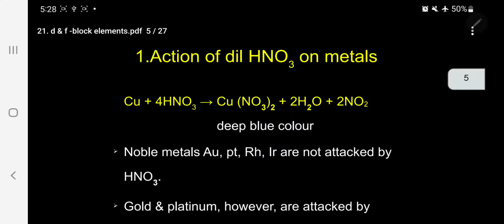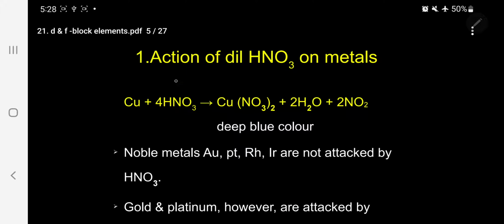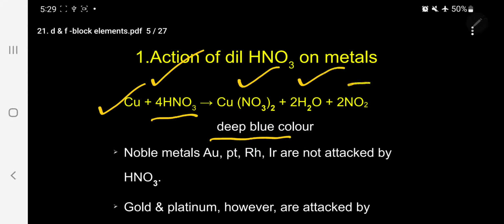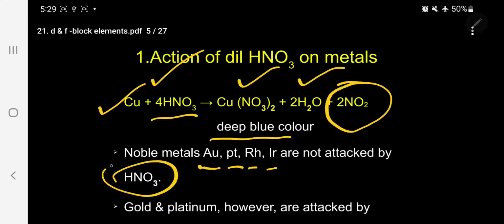Now, kindly follow. When copper is treated with nitric acid, copper nitrate, deep blue in color, is formed along with water and NO2. Noble metals like gold, platinum, rhodium and iridium are not attacked by nitric acid.